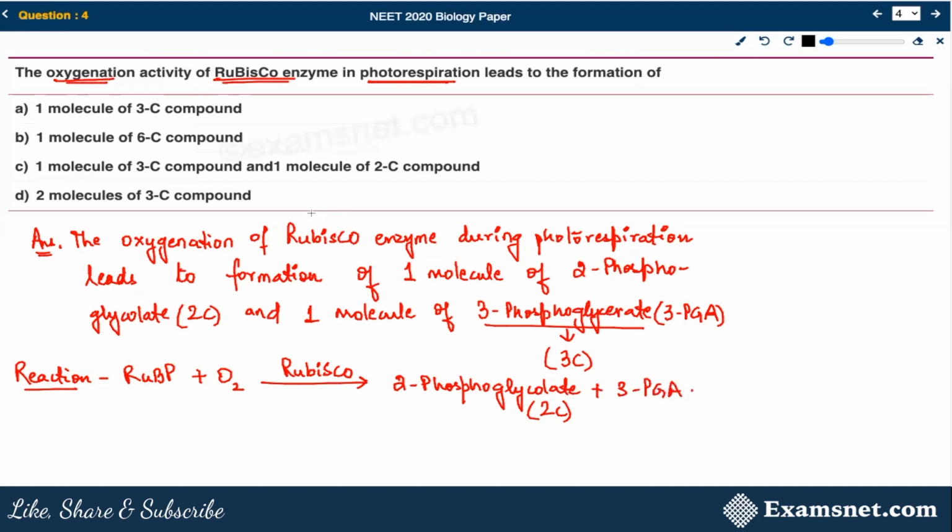So our correct answer, out of all the 4 options, comes out to be option C, which is one molecule of 3-carbon compound, that is PGA, and one molecule of 2-carbon compound, which is 2-phosphoglycolate. So option C is the correct answer.